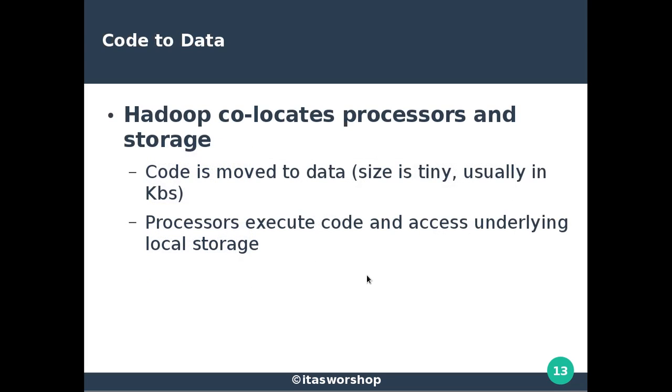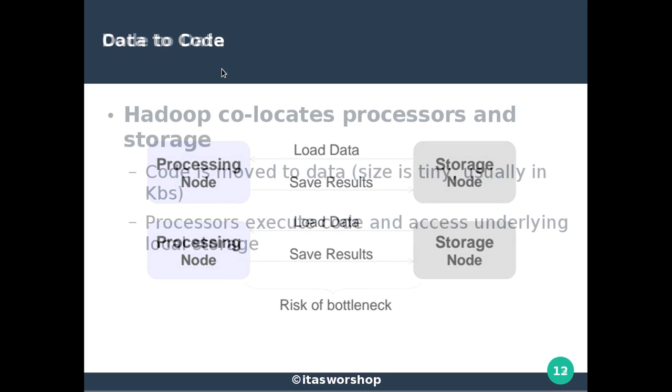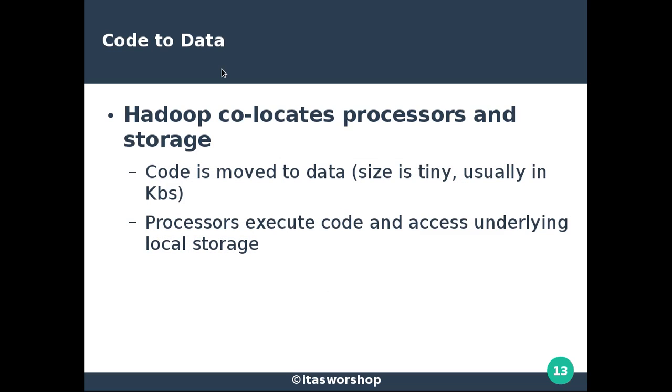While if you consider Hadoop's approach, it is bringing code to data. So the traditional approach is about bringing data to code, and Hadoop's approach is about bringing code to data. Hadoop automatically collocates processors and storage.